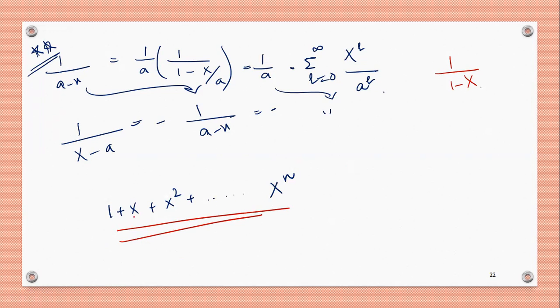But instead of that, I have 1 plus x plus x square, ending at some nth term. Then what will it be equal to? It will be equal to 1 minus x power n plus 1 by 1 minus x. Okay. So this is also quite important.